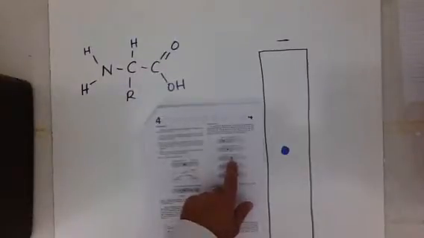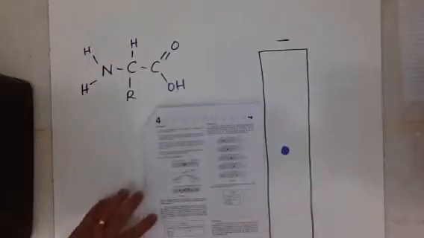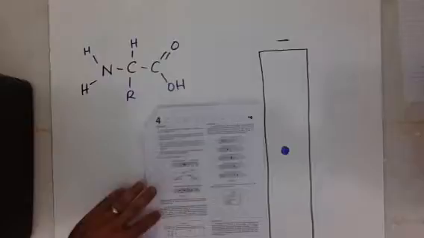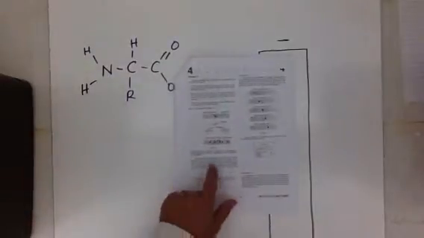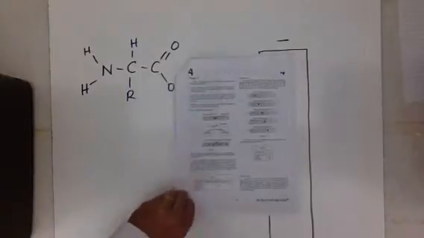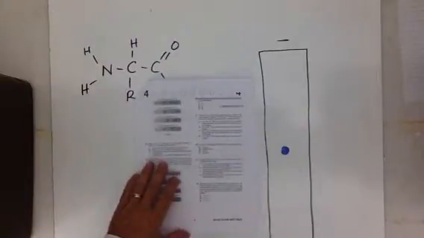The reason for that is because at certain pHs, the amino acid will pretty much lose its charge. The pH will negate its charge, and we call that the isoelectric point, which is described in this paragraph right here. So the question we're going to look at deals with what is the isoelectric point of leucine?